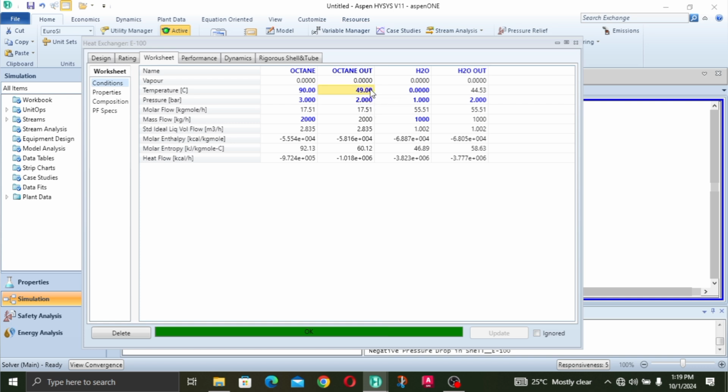Let's make it 48. No temperature crossing. Make it 47. No temperature crossing. Let's say 46. And with 46, we have temperature crossing. So let's say 47.